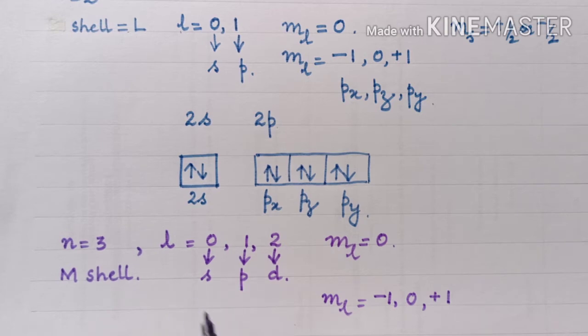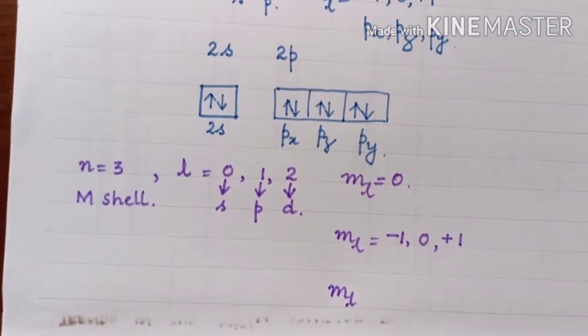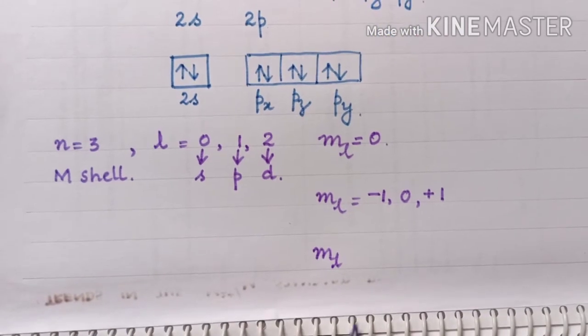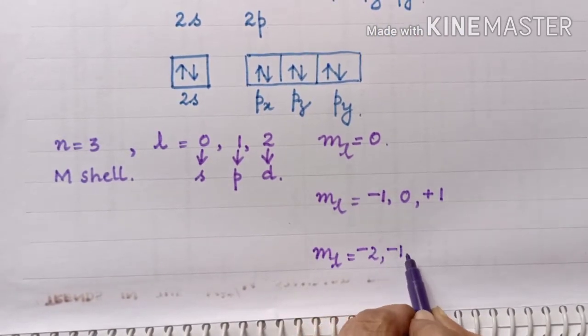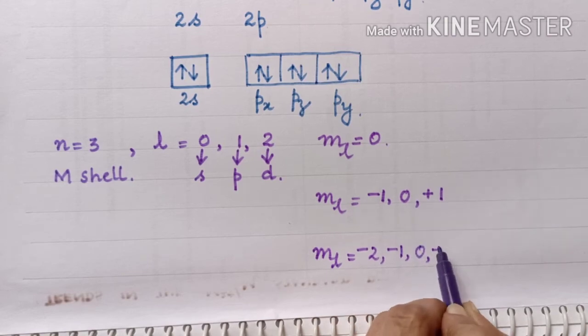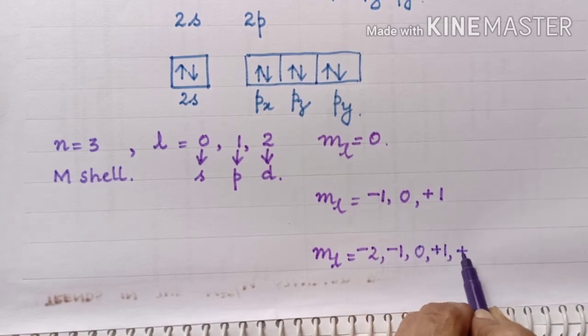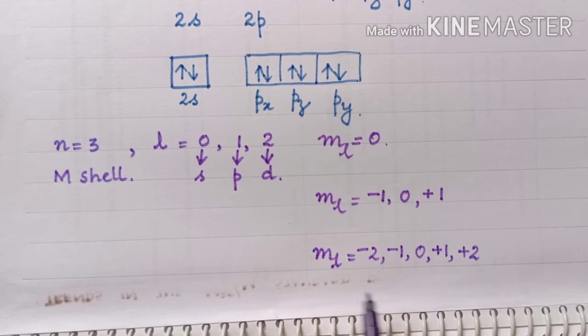And then we have the next one when L value is 2. When L value is 2, ML values can be -2, -1, 0, +1 and +2. What does it mean? There are 5 different types of d orbitals.